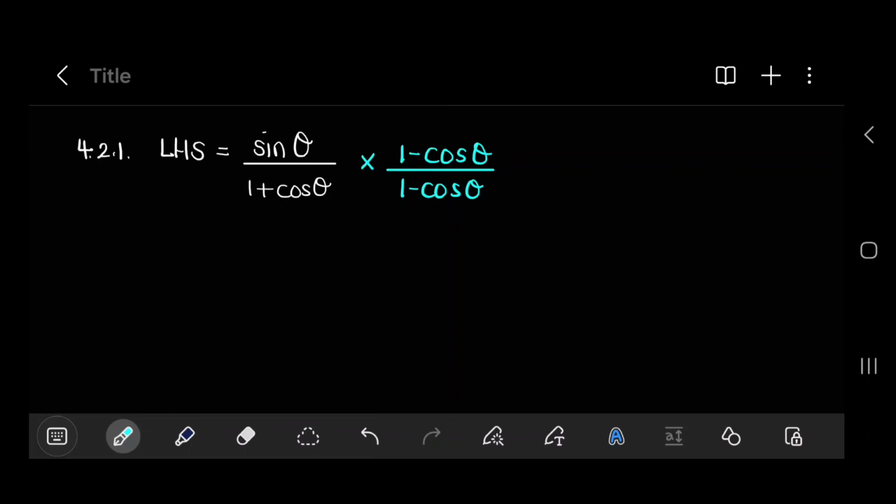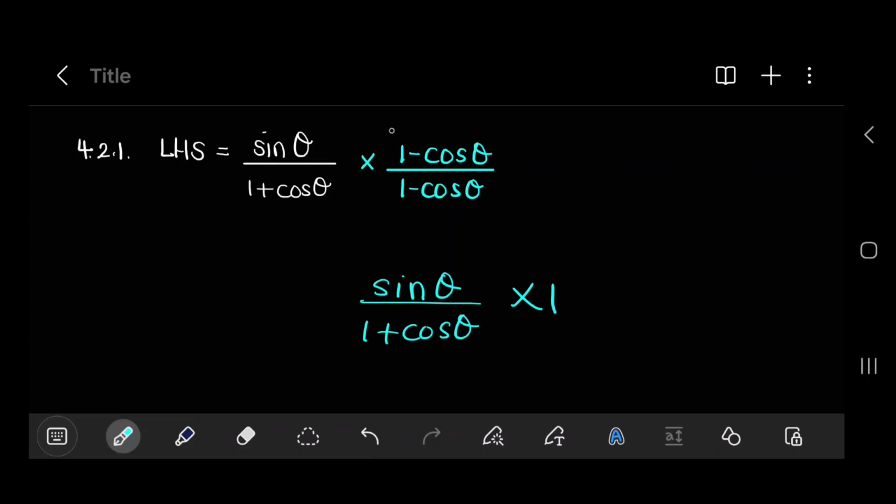So to answer the second question, why are we allowed to do this? In maths, if you take a particular fraction and you multiply by 1, for example, say that we're taking sine theta over 1 plus cos theta and we're multiplying it by 1, multiplying by 1 has no effect on the fraction. It is still sine theta over 1 plus cos theta.